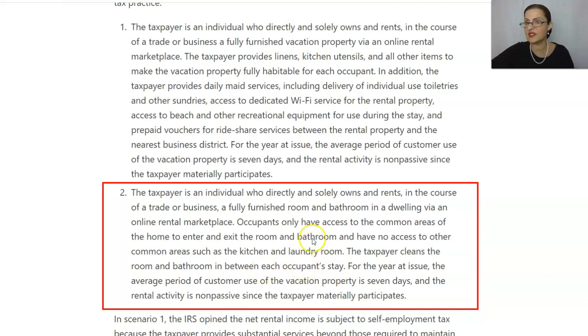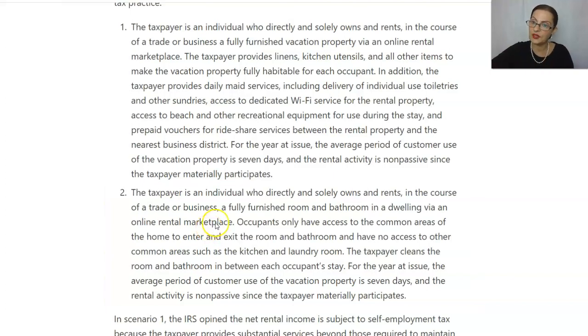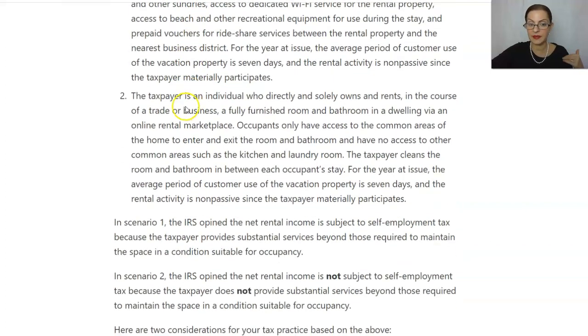And they don't offer breakfast or any of that other stuff. In this case, in example number 2, the IRS has stated that this particular rental activity is not subject to self-employment tax. So you would put this on the Schedule E, and the first one, you would put it on the Schedule C. Okay? That's the way I would do it. Okay, that's my reading of it.